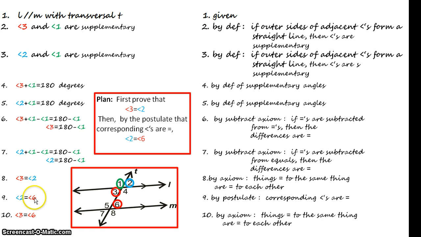Angle 3 and angle 6 are both equal to the same thing, so then those things must be equal. They are equal to each other. So there you have it. We have proven that alternate interior angles are congruent.